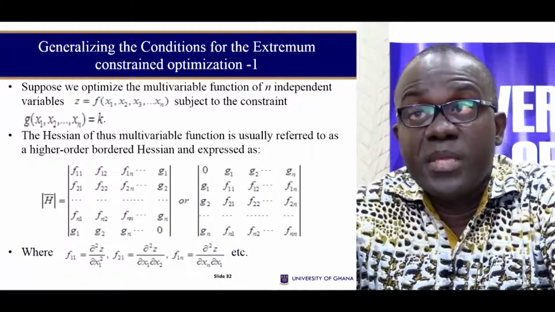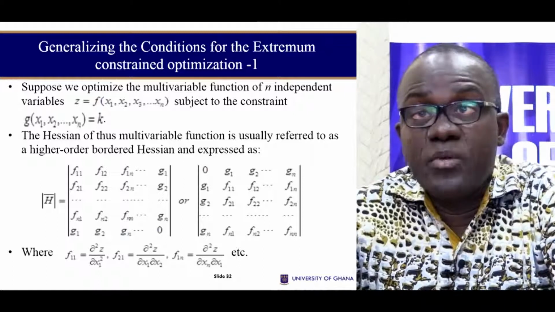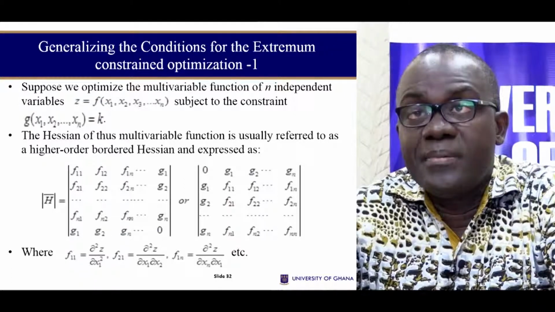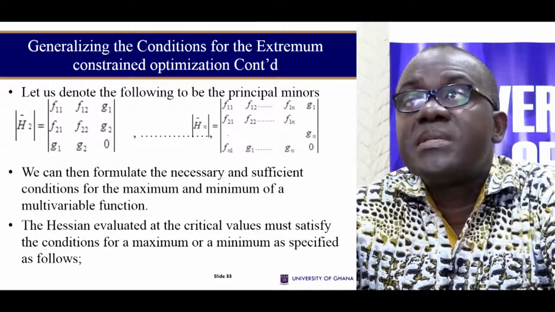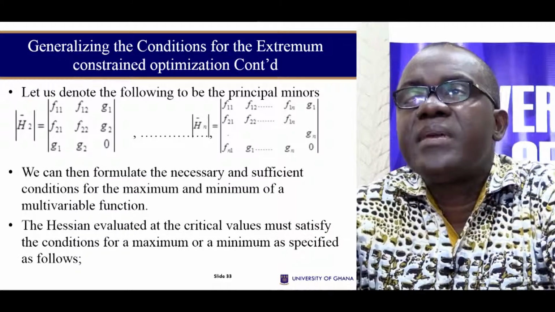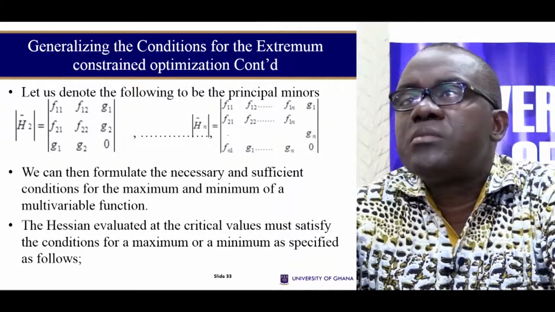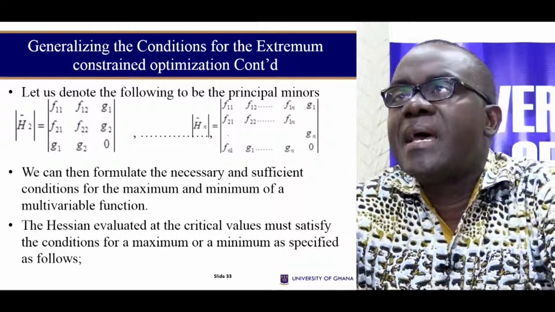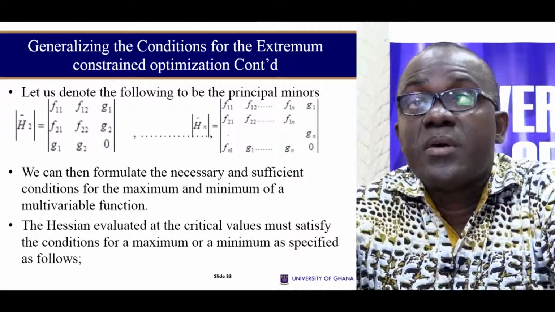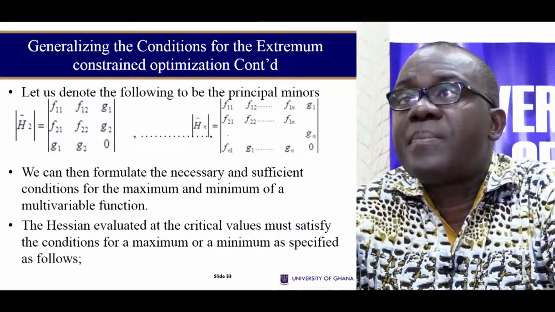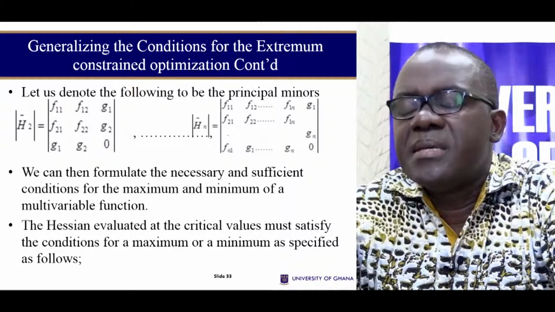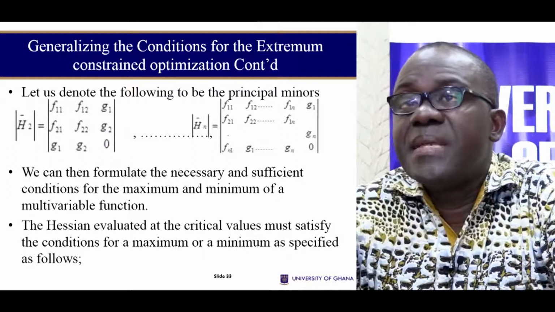We can also form it in this way, as I told you, but really I prefer using what we have over here. Now, if we denote what you have over here as the principal minors, recall I told you the principal minors are the matrices in the middle.